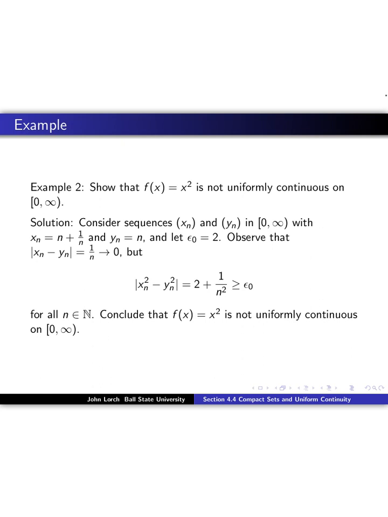But now when we apply the function and look at the difference, xn squared minus yn squared, that number is always bigger than or equal to 2. And so from this sequential characterization of the negation of uniform continuity, we can conclude that the squaring function fails to be uniformly continuous on the interval from 0 to infinity.